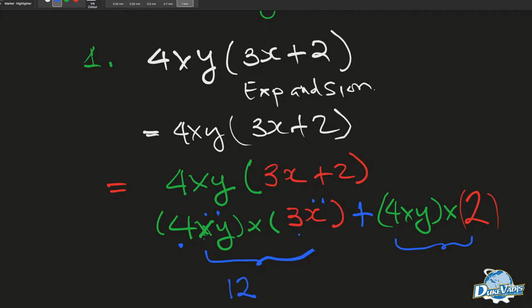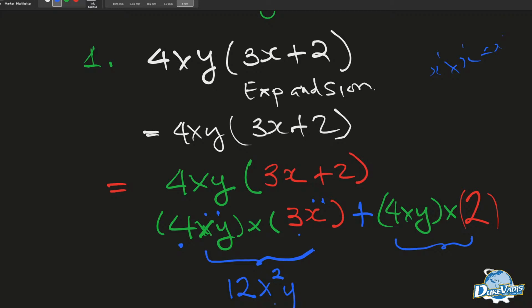Then x multiplied by x, since the power of x is 1, will be x to the power 2. So x times x gives me x squared, and my y is also multiplying them.